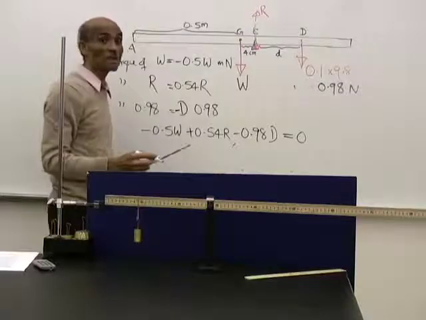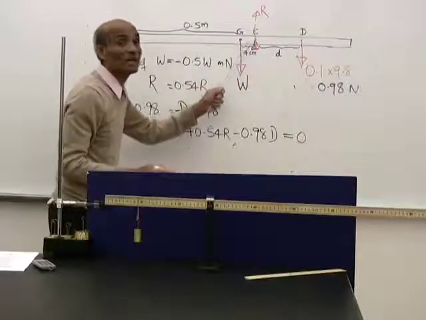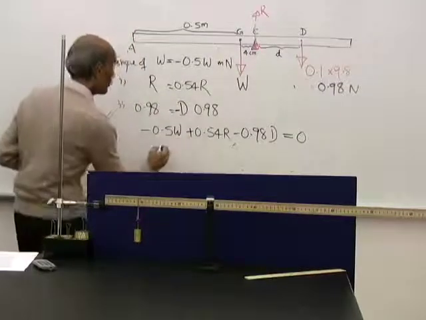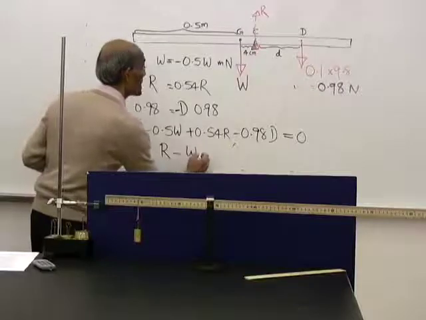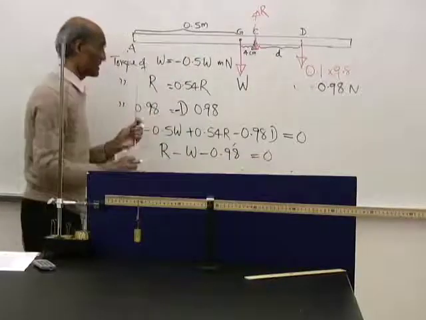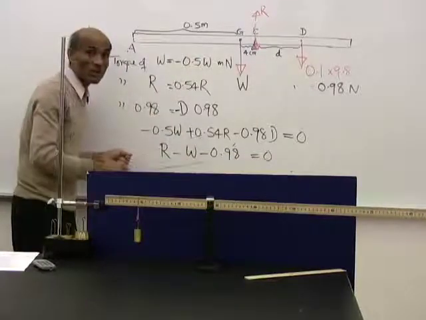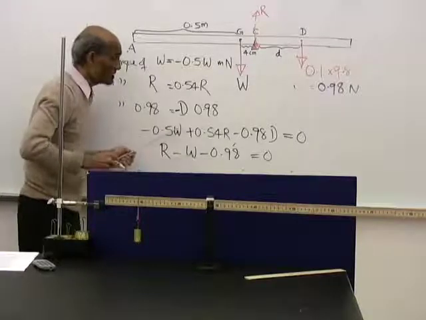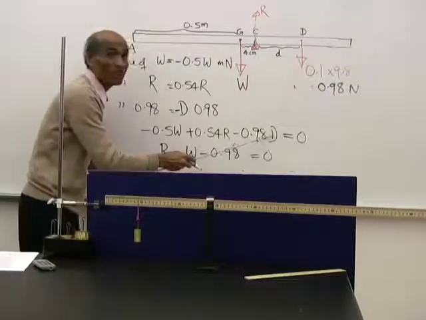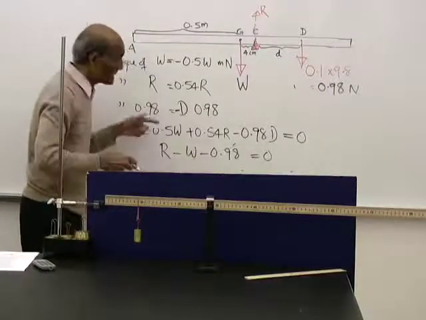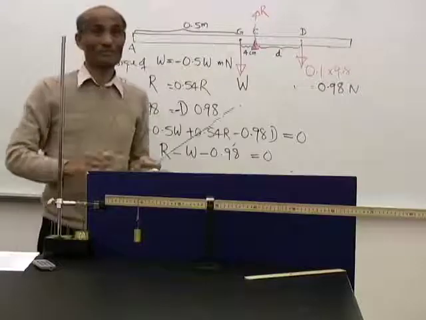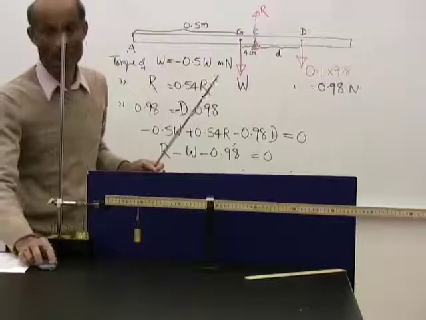Now we have two equations. The first equation we obtained by setting summation Fy equal to 0, and that was R minus W minus 0.98 equal to 0. Now if you look at this, there are two equations, there are two unknowns. W is an unknown, R is an unknown. Remember, we know the value of D. Alright, now solve these two equations for W and R, and that is number 5.